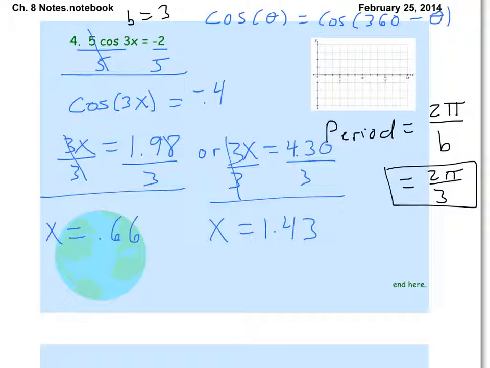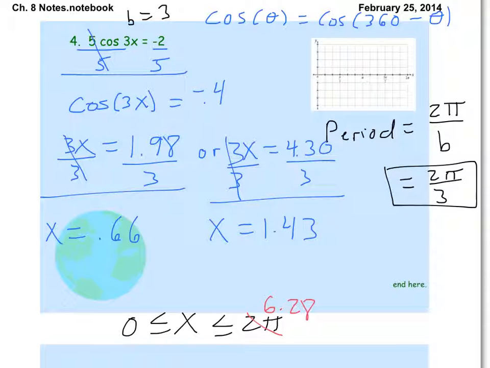Now because we're having to go to the calculator here, we're dealing with decimal approximations. And we're solving this from 0 to 2 pi. So let's think about 2 pi as a decimal approximation. It's about 6.28. Now these two solutions are definitely between 0 and 6.28, so I want them.